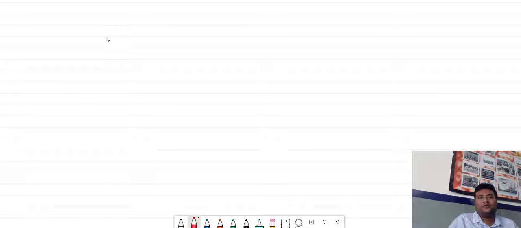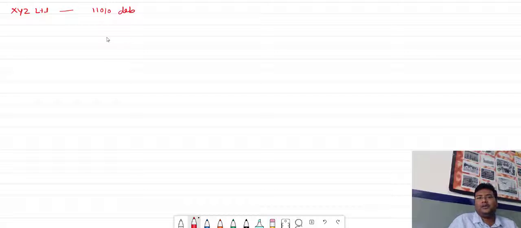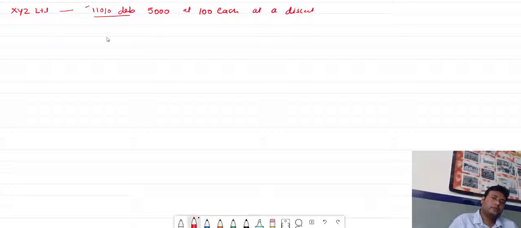So the question is that one company is there, XYZ Limited, and XYZ Limited issued 11% debentures. Bacha, 11% debenture. So this 11% indicates the rate of interest which will be payable on the debenture. 5,000 debentures at the rate of 100 each at a discount of 10%.